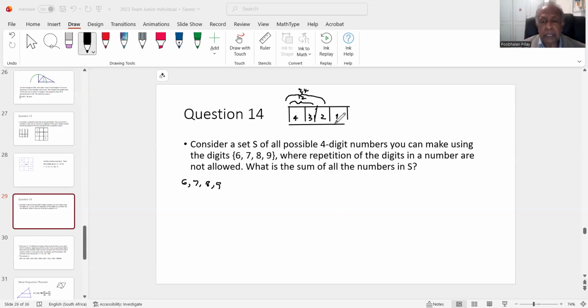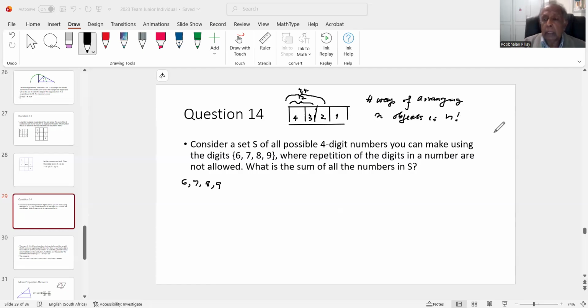The number of ways of arranging n objects is n factorial. It's a very important fact.